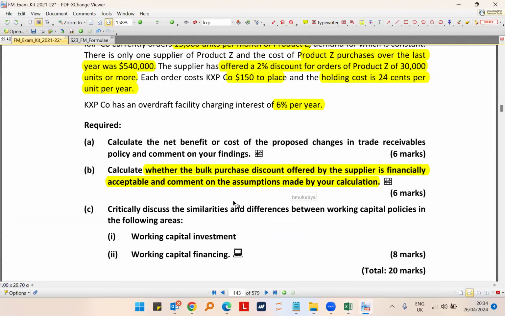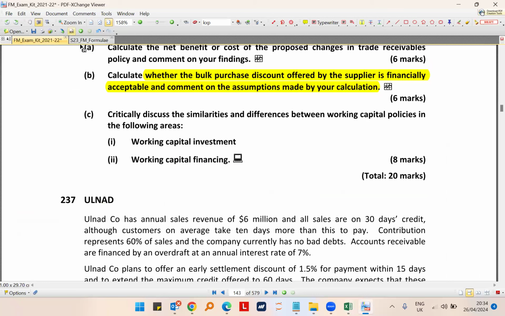So then finally, we answer this part. So here we are asked to discuss similarities and differences between working capital policies, and we have investment and we have financing. So 8 marks.